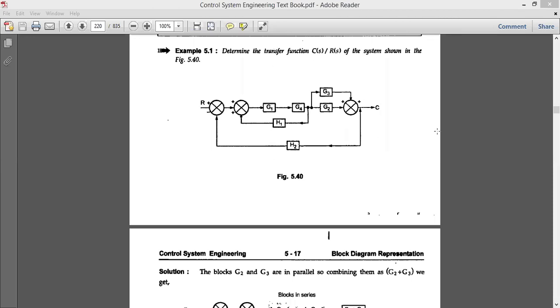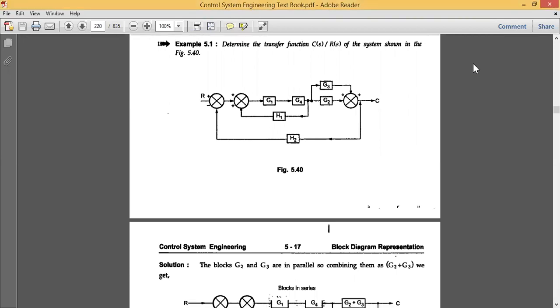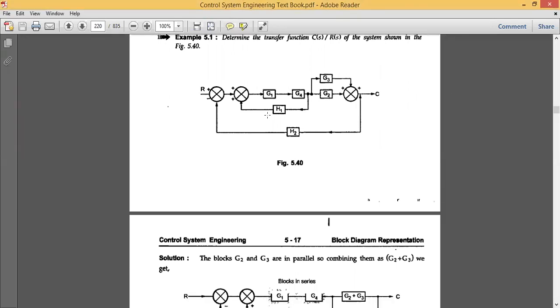So here is the figure. What we need to do is apply the rules one after another. What does the first rule say? Check for any series connections. Do we have any series connections?